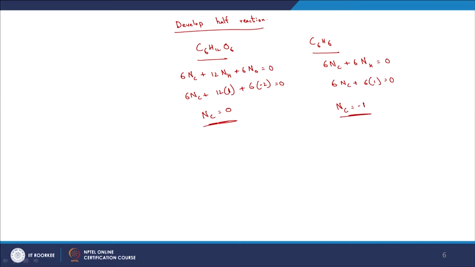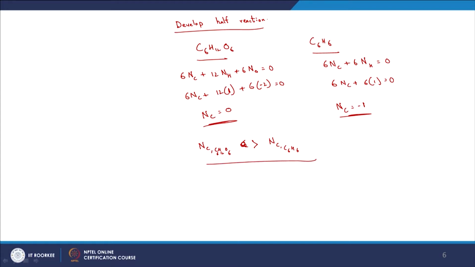So what do we need to understand from here? We see that Nc, the oxidation state of carbon in C6H12O6, is greater than, because it's positive, the oxidation state of carbon in C6H6. So again, what do we see now?